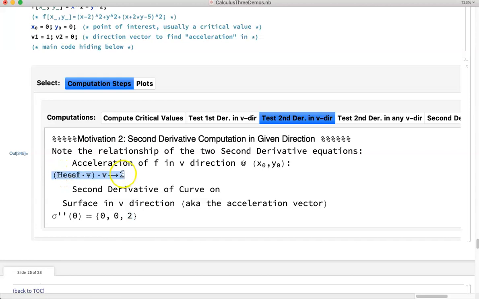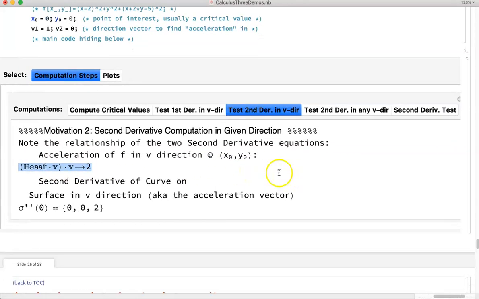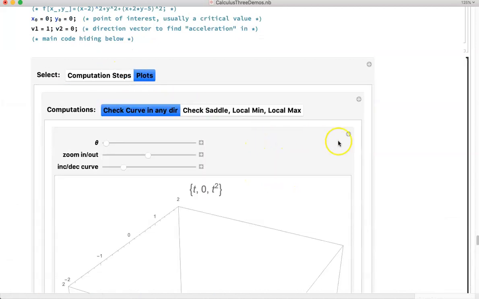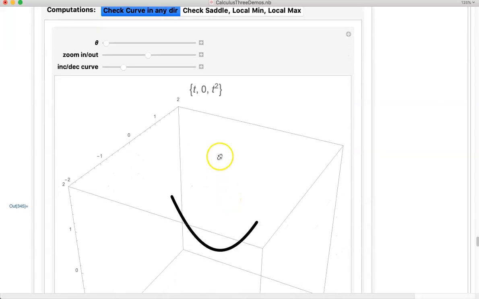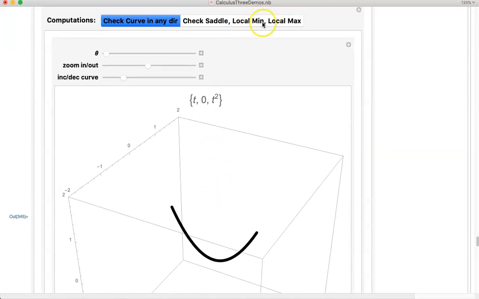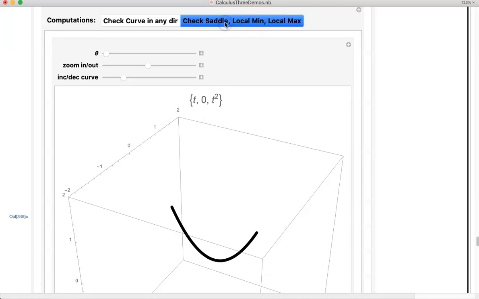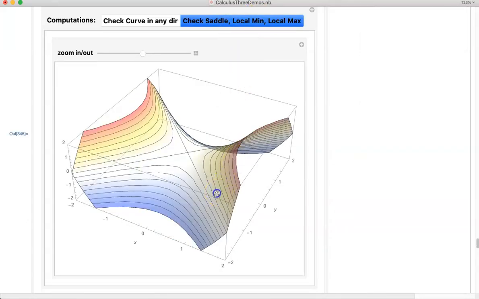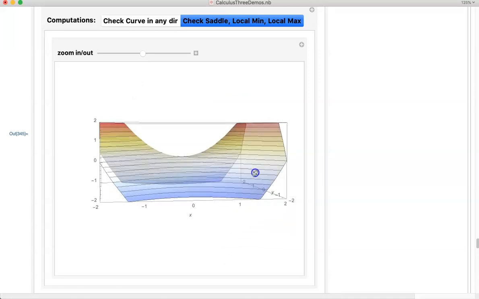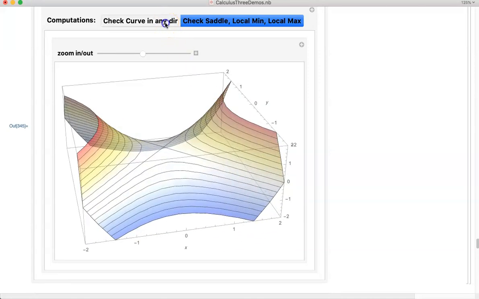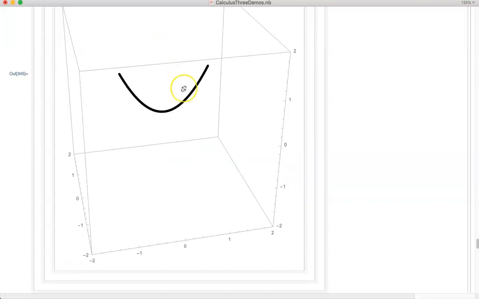In this case, it is 2. When you take the Hessian multiplied by the direction vector twice, that's the second directional derivative. And if we look at a plot here, we'll be able to see that what we're trying to do is to look at the function. I can show you what this function looks like. Our actual function, x squared minus y squared, looks like this. What we're interested in doing is checking the curve in any direction.